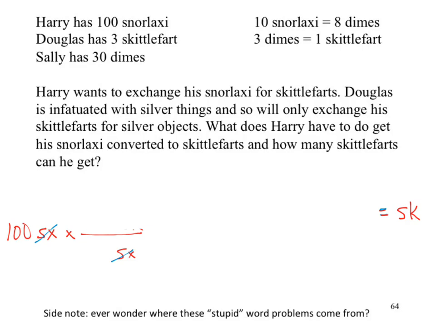Dimes. How do we know we can convert it to dimes? The conversion factor is given to you in the upper right-hand corner. So we can convert to dimes. What is our conversion factor? 8 dimes, 10 Snorlaxi.